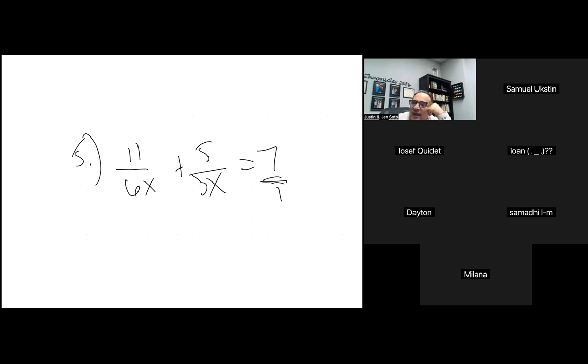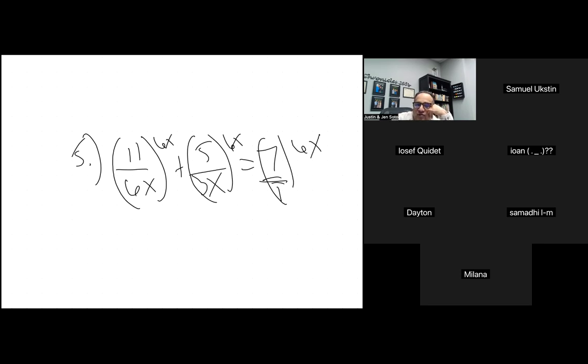I have to multiply by the least common multiple. The least common multiple of 6, x, 3x, and 1 is just 6x. So I'm going to multiply this by 6x, this by 6x, and this by 6x in order to clear out the denominator.